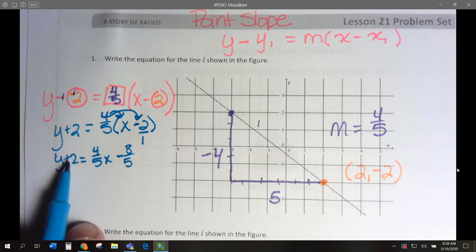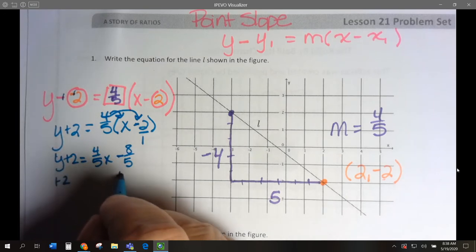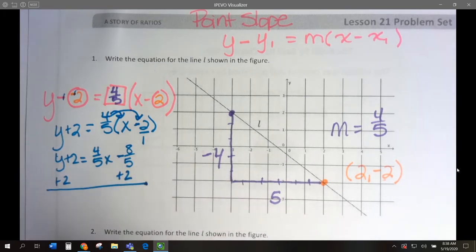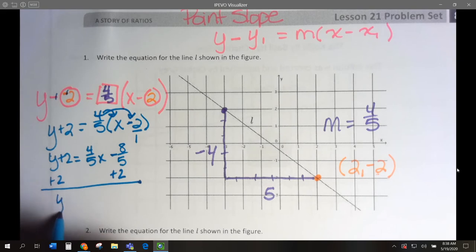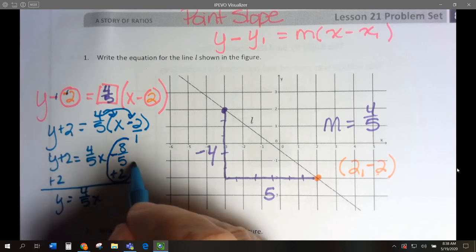Now, because we want slope-intercept form, we want y to be by itself, so we have to add 2 to both sides. So we end up with y equals 4/5 x. Now we have a -8/5 plus 2.